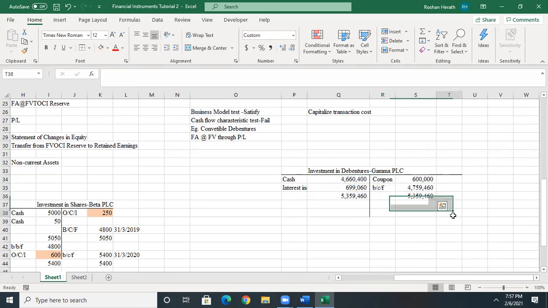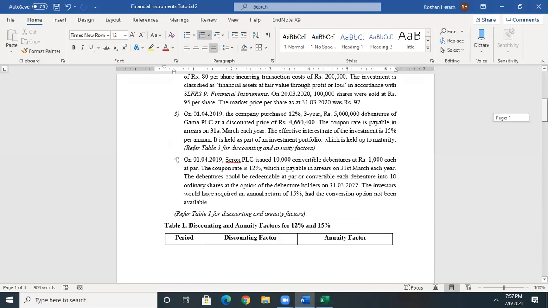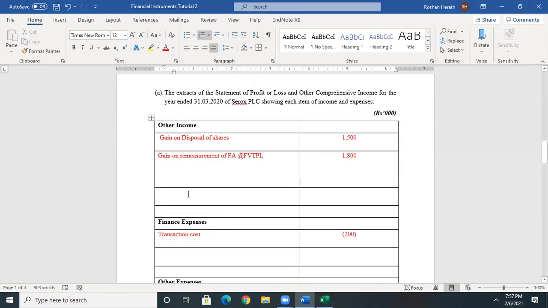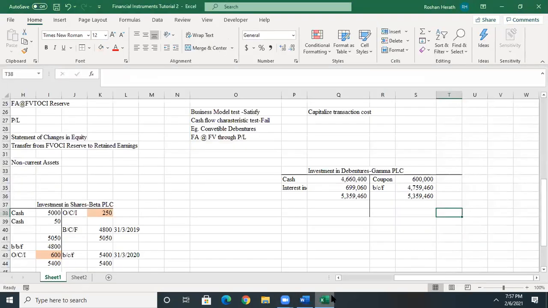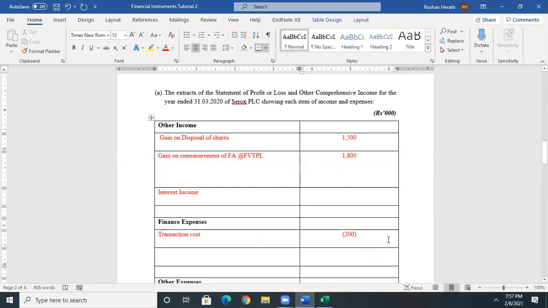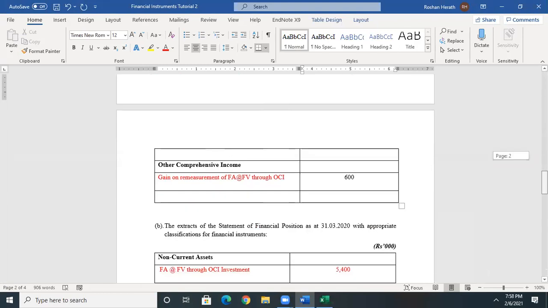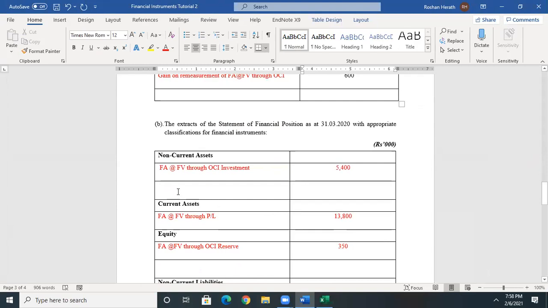Now let us do the counting. It's about the interest income. It's 699.06. So from the investment, what you get, the interest income, you have got it 699.06. And also your investment, it's a kind of a long-term investment.